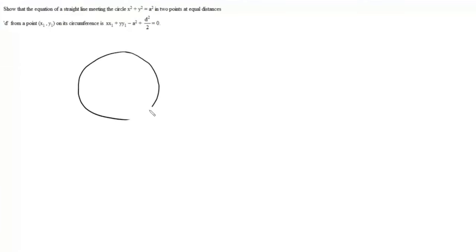whose center is at origin and radius is a, and we have this straight line which meets the circle at 2 points, say A and B, at equal distance d from point (x1, y1). So we have this point, say P, which is (x1, y1), and it is at an equal distance.